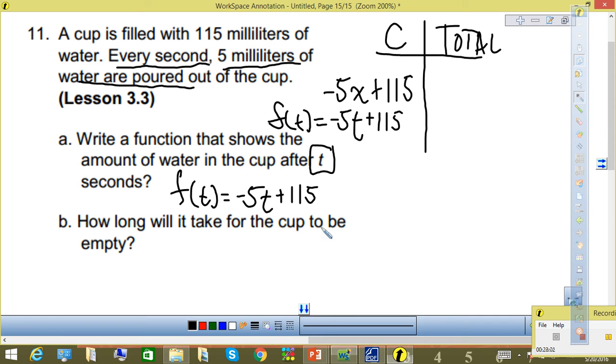How long will it take for the cup to be empty? So therefore, check this out. Here goes this equation, look up. To be empty, that means that this needs to be equal to what? 0. So this is 0 equals negative 5t plus 115. So let's find out when it becomes 0. So minus 115, minus 115.